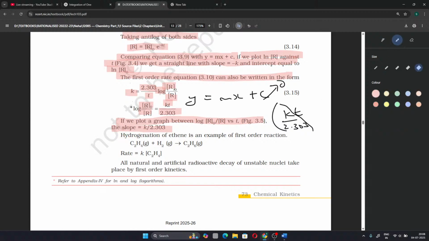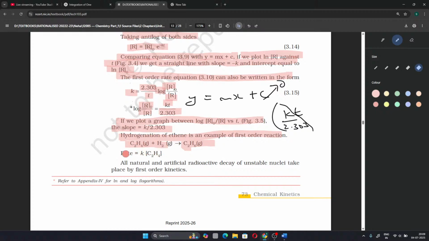Hydrogenation of ethene is an example of a first order reaction. Ethene plus hydrogen gives ethane. Rate is k times C2H4 to the power 1, so this is a first order reaction.